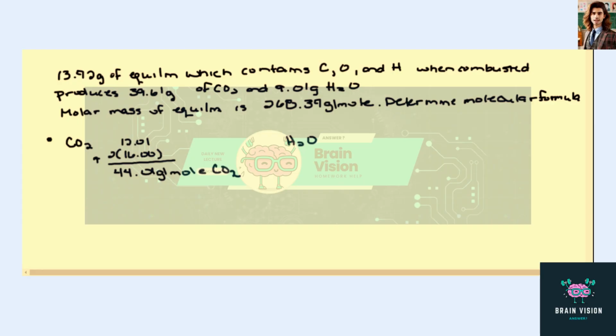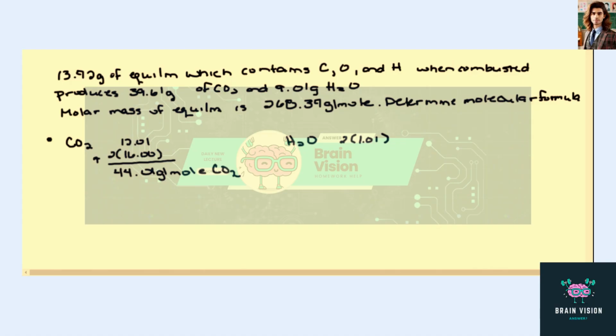And now we're going to do the same thing for H2O. So we have 2 hydrogens, so we do 2 times 1.01. Now, some of your periodic tables might have this as 1.008. Depending on your periodic table, go with the periodic table you have.